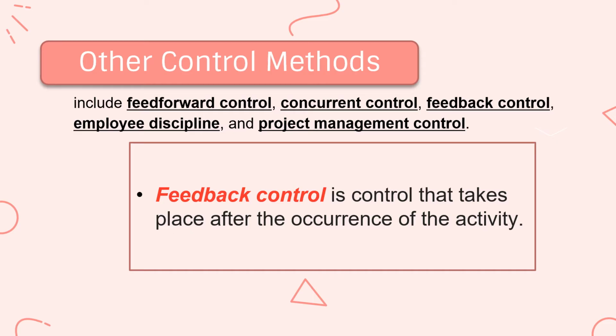So, usually, di ba, katulad ng mga ginagawa namin na teachers, after the lesson or after the discussion or after the activity, we ask for feedback. So, kung ano yung natutunan nyo or kung saan kayo nahirapan or what are your comments or suggestions in order to improve the current activity or the current process of the discussion. So, that's feedback control.